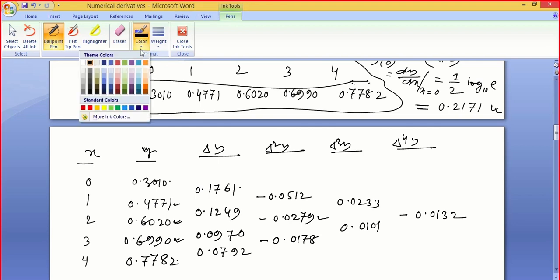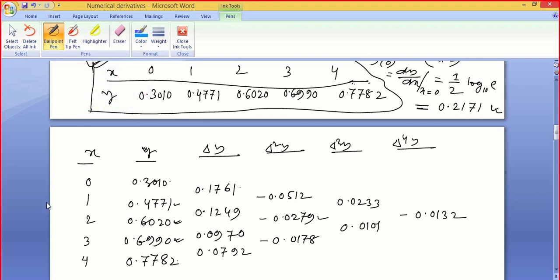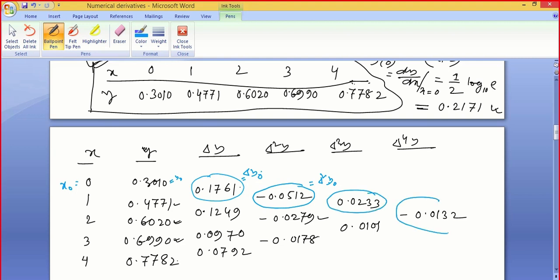Now you need the upper diagonal elements in the difference table. At the point x0, which is 0, the y value is y0. This is y0, this is del y0, del square y0, del cube y0, and that is del 4 y0.